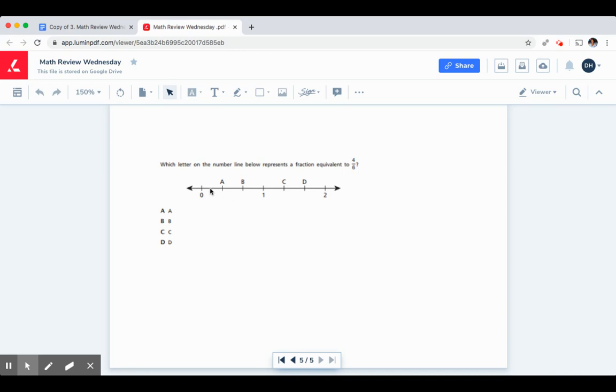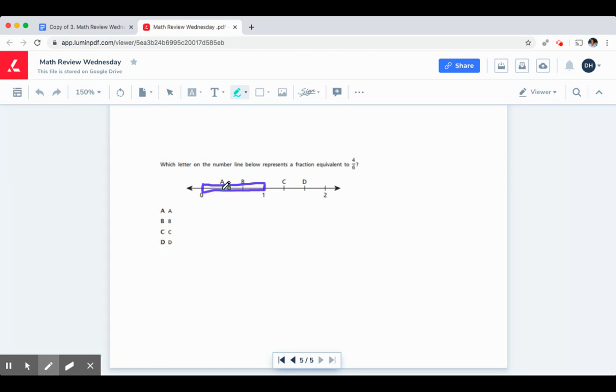How many parts was this whole broken into? For example, if I were to draw a bar model between 0 and 1, based on the hatch marks that are already on the number line, how many parts is this whole broken into?